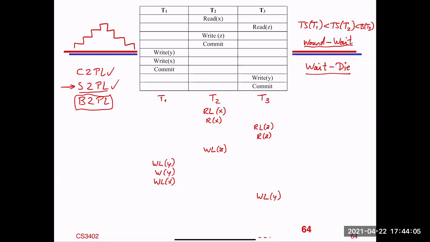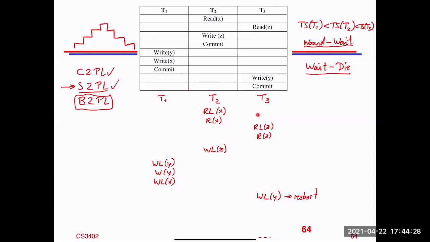Because now T3 is the younger transaction. It has a newer timestamp. So in that case, what is going to happen here? Exactly, it will lead to a restart.